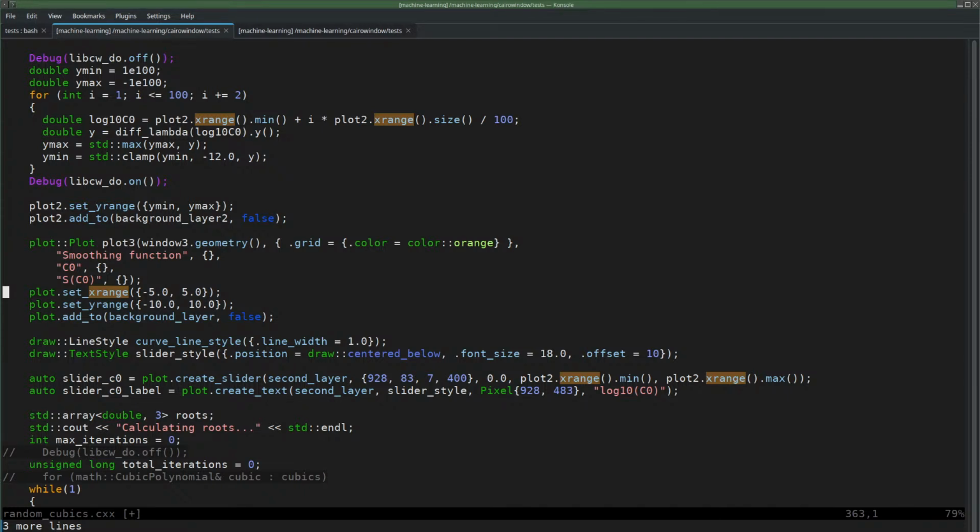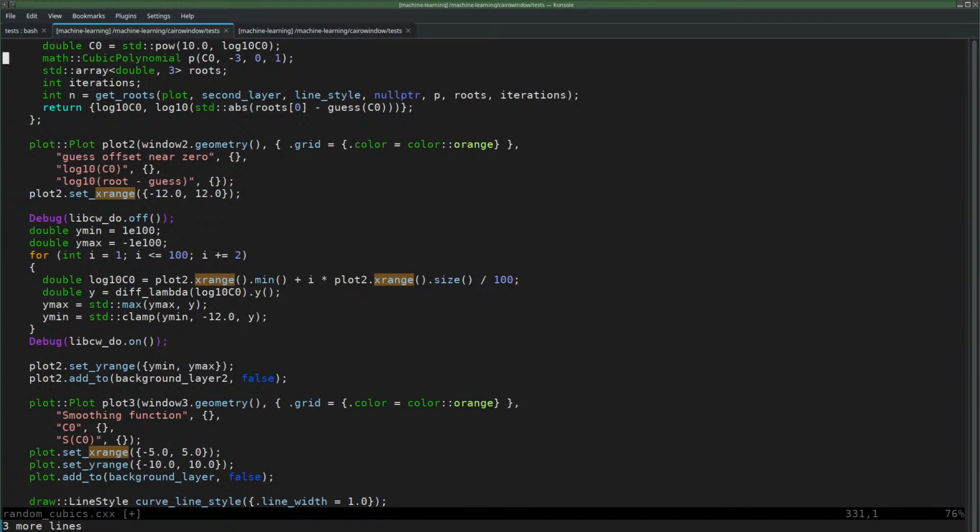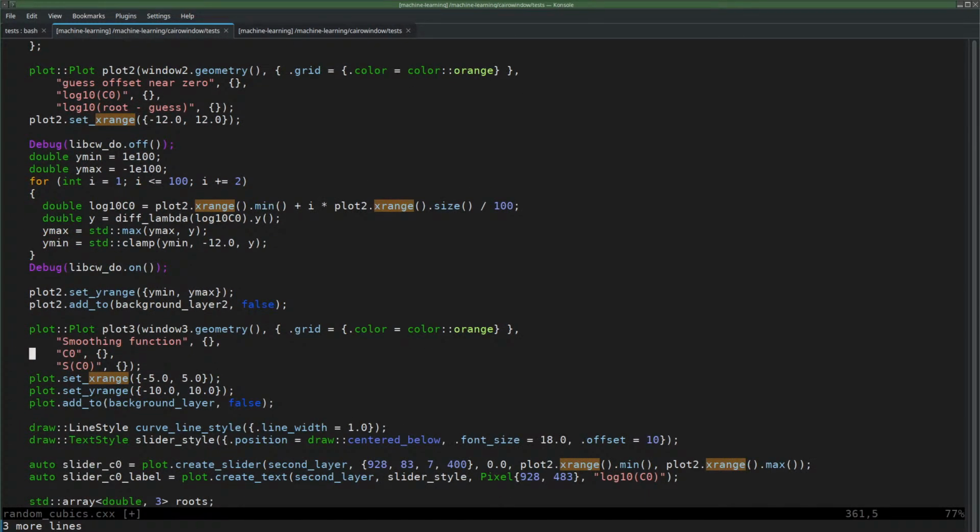Let's just undo everything. I'm going to plot it in, yeah, this one is horizontally already the log 10 of C0. No, just keep it. Okay. It has to be the log 10, I think.